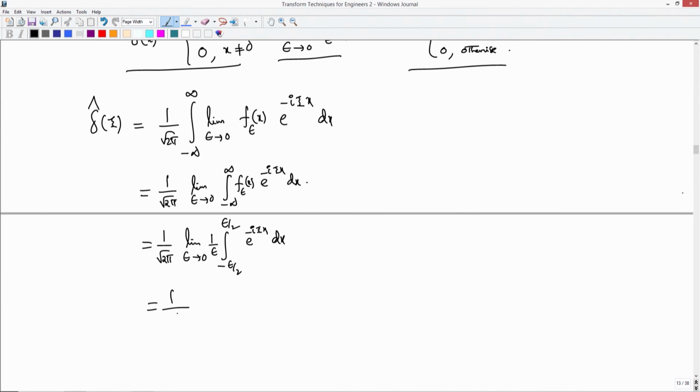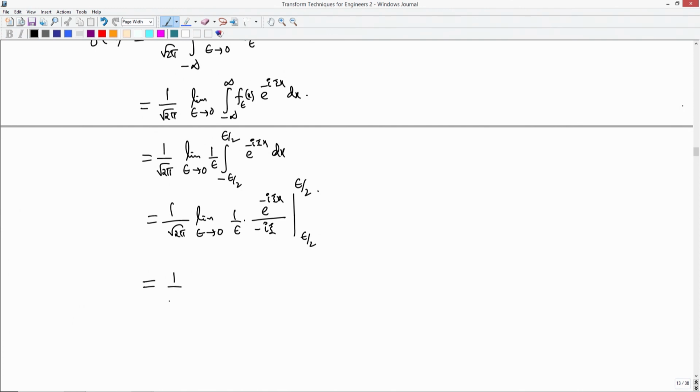So this is 1 by root 2 pi, limit epsilon goes to 0, 1 by epsilon times, now this integral is 1 by minus I xi, and you have e power minus I xi x from minus epsilon by 2 to epsilon by 2.